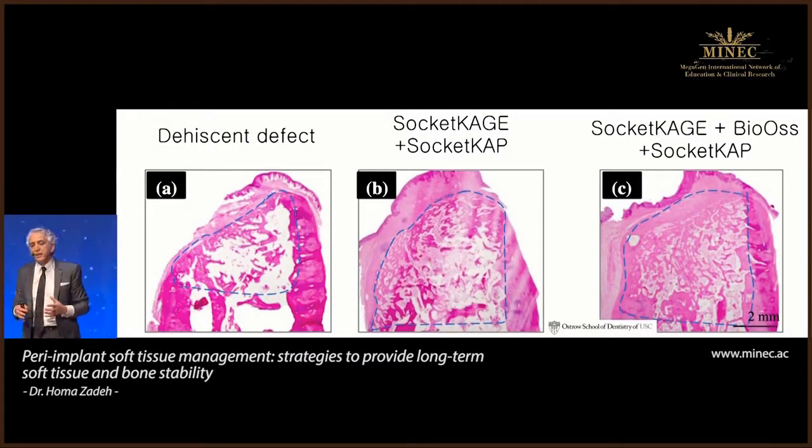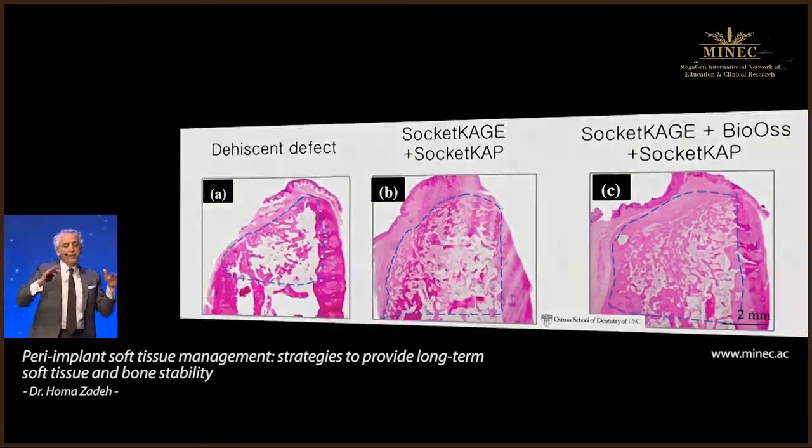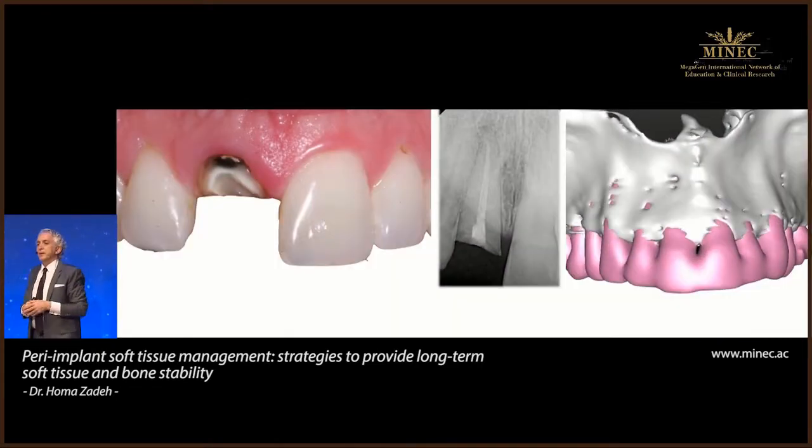This is from the non-human primate study. Without ridge preservation, you end up with a severe knife-edge crest. With ridge preservation, you have much better contour. Can you do immediate implant placement and do soft tissue augmentation? Yes. We have to do risk assessment.